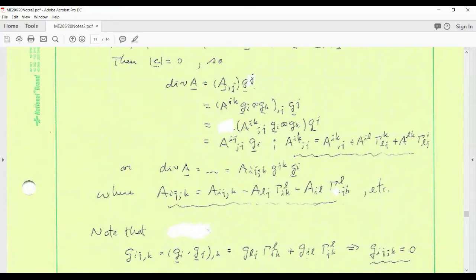You have a partial derivative of this first basis element, which will bring in a set of connection coefficients. And then the second one will bring in another set of connection coefficients. So altogether, you'll have two sets of connection coefficients in the final result. So you can summarize the final result in this way, where this is effectively a covariant derivative now of the contravariant tensor components.